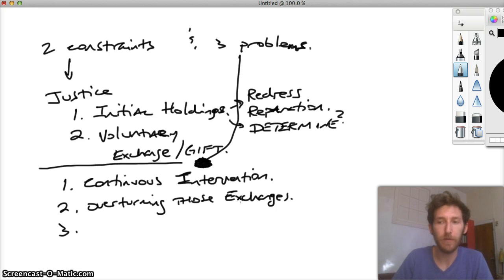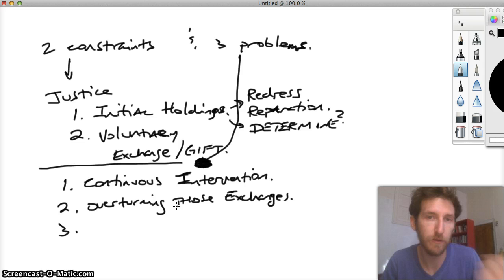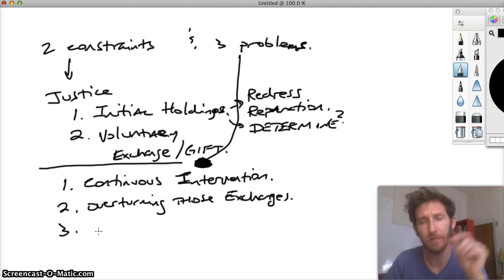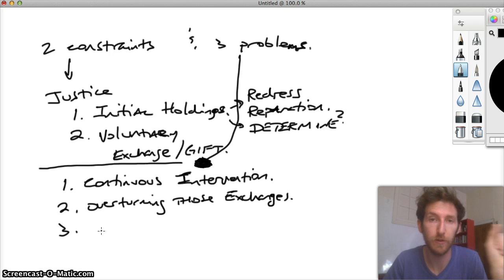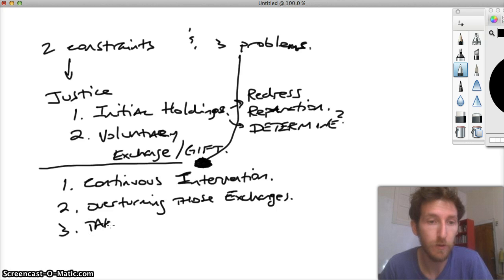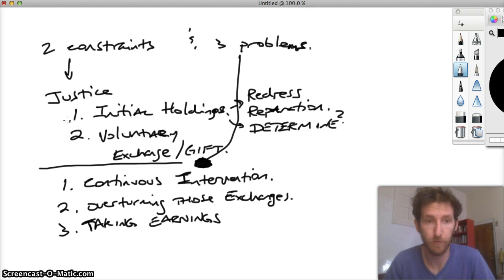And it's the third criticism that is basically a result of these other two, that in virtue of thinking that a governmental agency or society at large has a right to redistribute wealth or property, what you would be doing, Nozick says, is taking earnings from someone who's gained their property in a just way with these two constraints against that person's will.